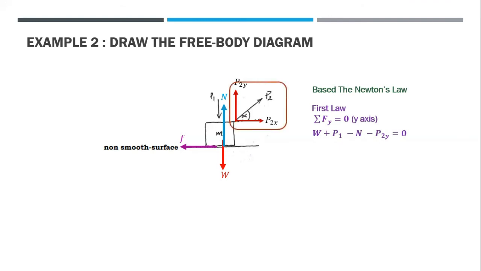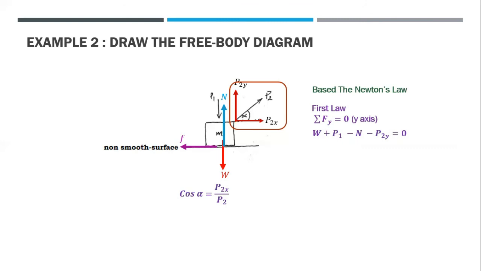Okay, look at the box. Since P2 doesn't lie on the x-axis or y-axis, but is covered by angle alpha, we have to do the projection. The projection will create two results, P2x and P2y. Please use your simple trigonometry. Cosine alpha equals P2x over P2, and sine alpha equals P2y over P2.